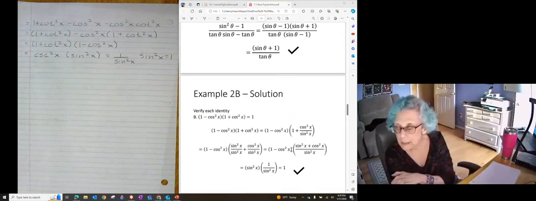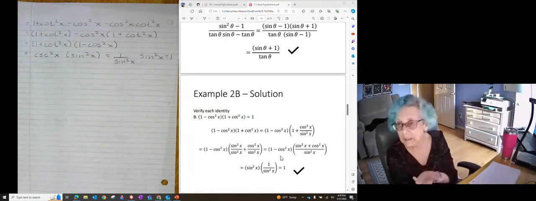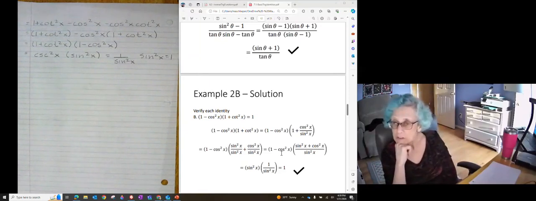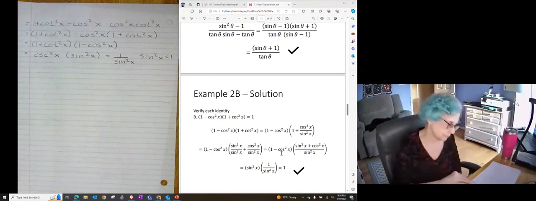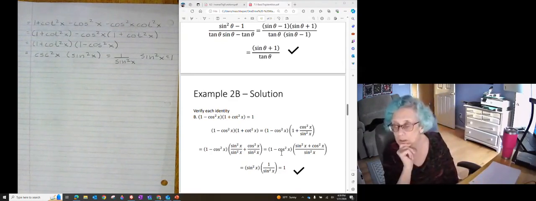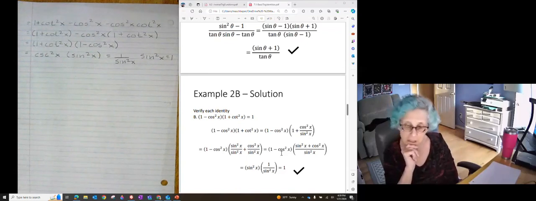Now, let's see if that's the same way I did it here. Let's see, I did cosine. Looks like I did it differently here. So, when I did the PowerPoint the first time, instead of foiling, I went ahead and rewrote 1 plus cotangent squared as cosine squared over sine squared.